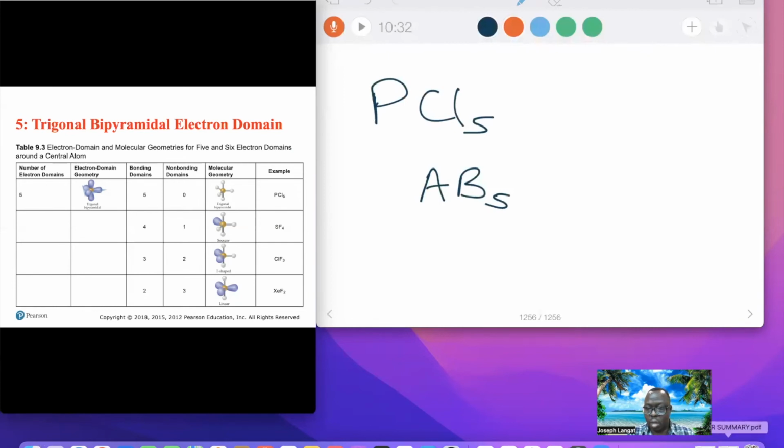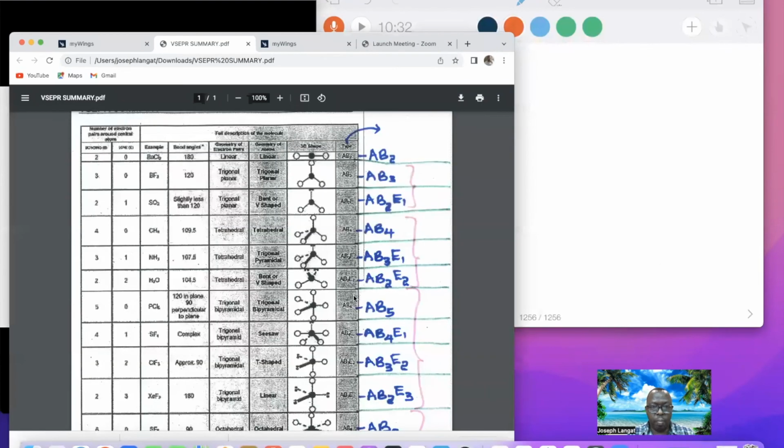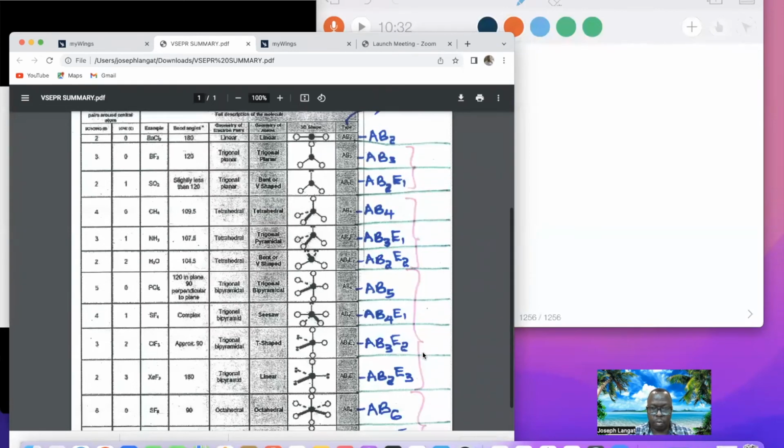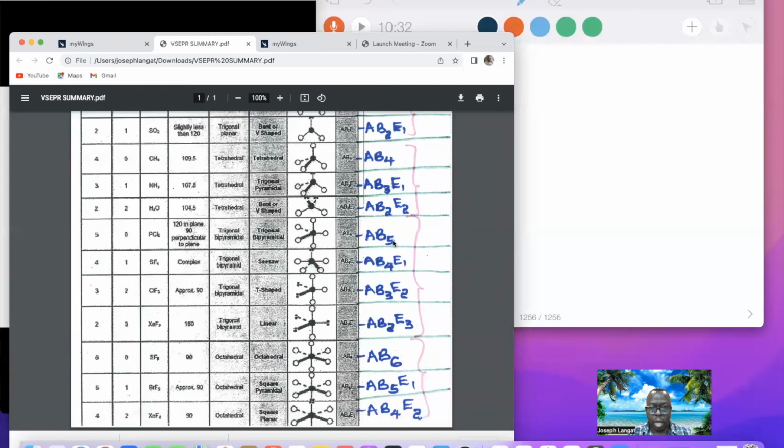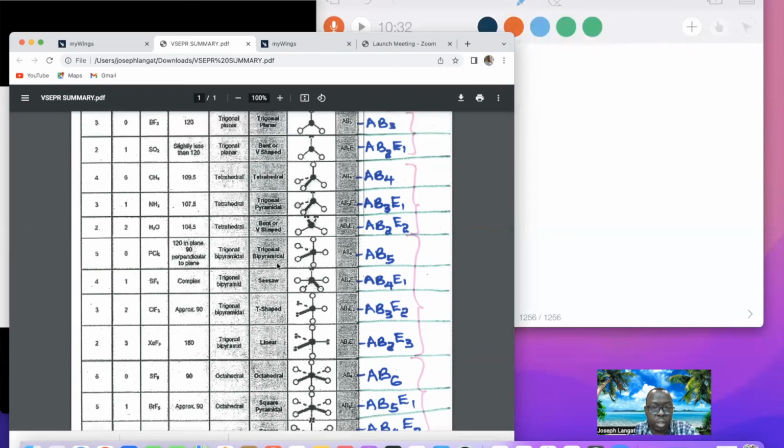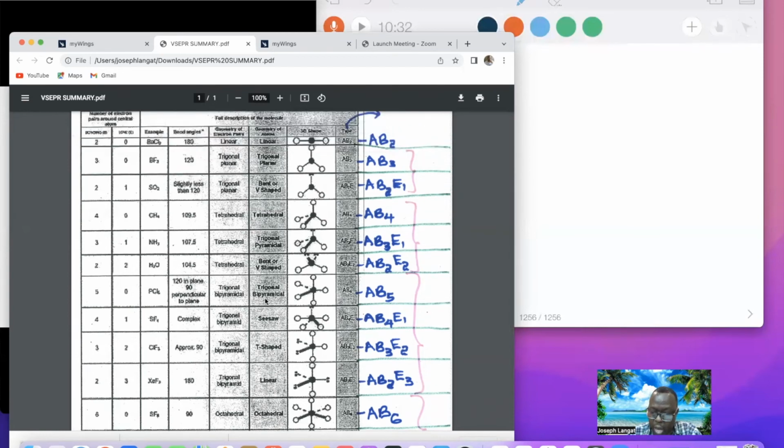Assuming it's in an exam or a quiz and you're using my tables, which I'll provide to you, it is AX5, and the molecular geometry here is trigonal bipyramidal.